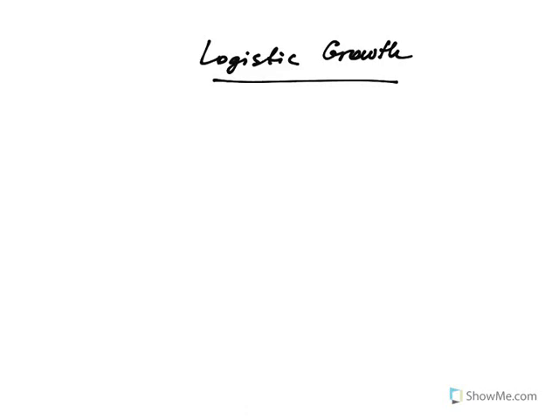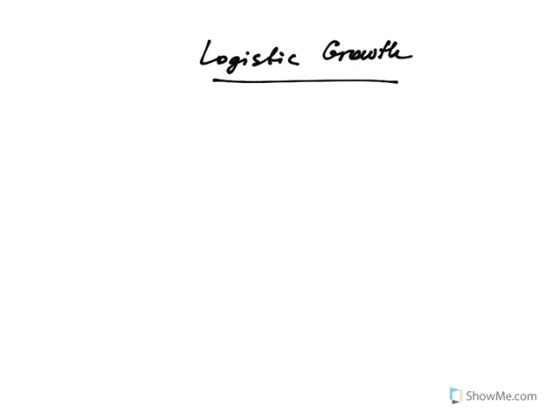All right, so today I want to talk about logistic growth. Before I discuss this topic, I would like to mention the exponential models. And of course, you're familiar with exponential functions, so you learned that back in pre-calculus. Using the exponential growth model, the growth of a population is proportional to its current size.